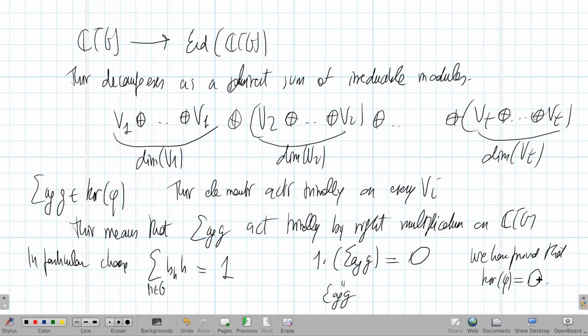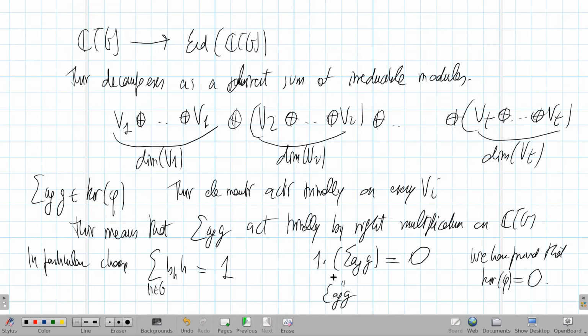Okay, and we have used the fact that the right regular representation is faithful. If there is an element in the kernel of this, it has to be 0. And since we knew that an element in the kernel of phi acts trivially on all these irreducible modules, it has to act trivially on here, but there is the identity here.